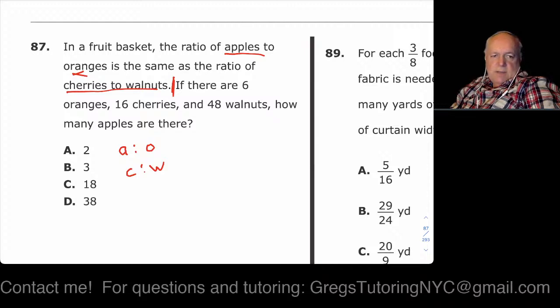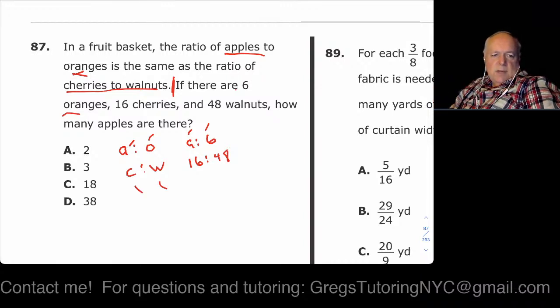So apples is going to be to, let's see, 6 oranges, and there are 16 cherries, is to 48 walnuts. So if you notice, it was apples to oranges. I wrote apples to the 6 oranges they told us. And then it was cherries to walnuts. You keep it in the same order respectively.